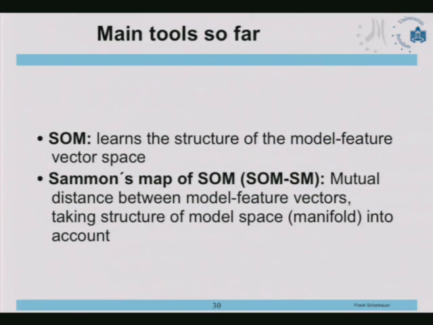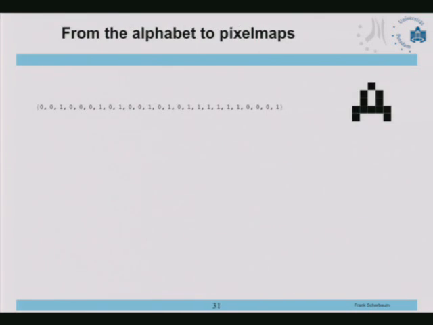So the tools which I have used so far and which we will use in the following is, for once, the SOM, which learns the structure of the model feature vector space, and the Sammon's map of the SOM, which enables us to calculate and display in a very intuitive way the mutual distances between model feature vectors, taking into account the structure of the manifold. So now we are ready to go to higher dimensions and actually go to ground motion models.